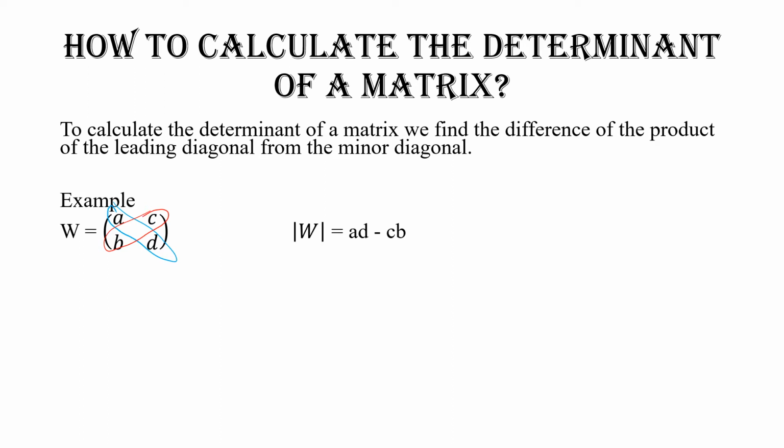So the determinant would be the product of the leading diagonal, A times D, minus the product of the minor diagonal, C times B. And that is as simple as that, you get your determinant.